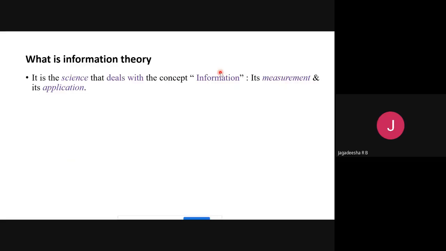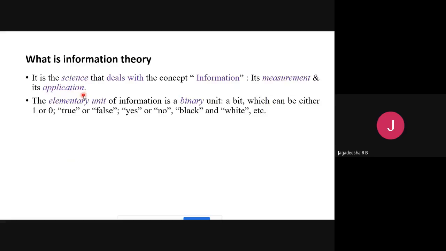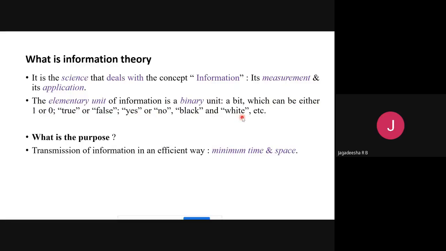Some sound, they have some pattern, but we try to measure it and we try to apply that somewhere. Now, the elementary unit of information is the binary unit, maybe 0 or 1, or true or false, yes or no, black and white, etc.